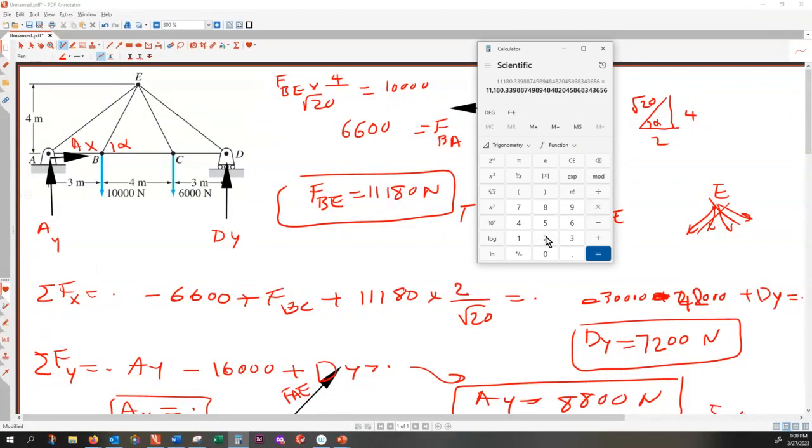That multiplied by 2 divided by root 20 gives 5,000. So 5,000 minus 6,600. And here you find out FBC to be 1,600.